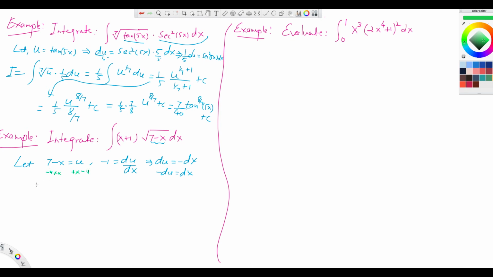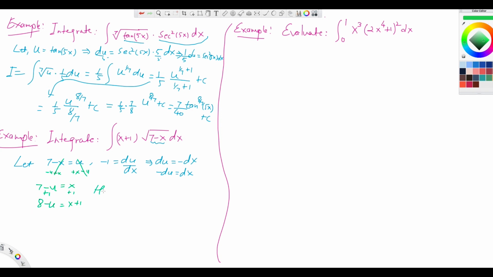I get 7 minus u, because that and that cancel out, equals x, right? So what will be x plus 1? Let's add 1 on both sides. Why? Because there is x plus 1 we need to find, right? So 7 plus 1 is 8 minus u equals x plus 1. So instead of x plus 1, I can write 8 minus u. This is u. This is -du.